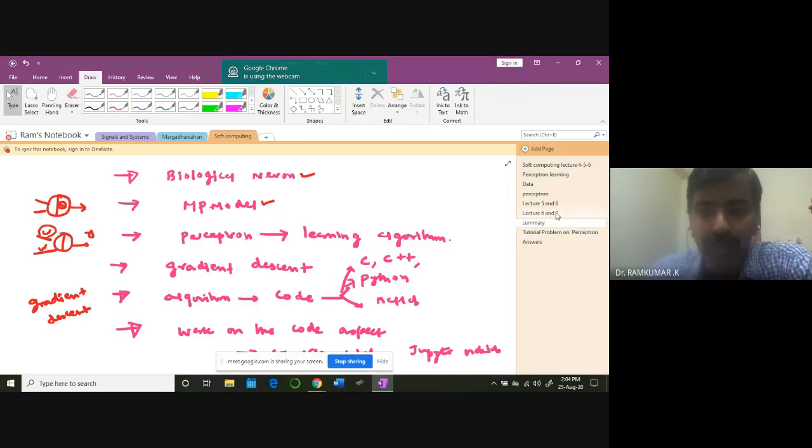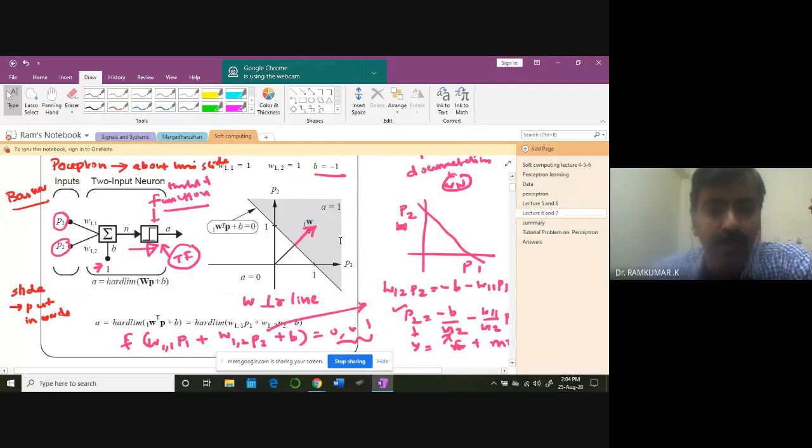In the last class, we worked out a problem like this. For some initial weights 1 and 1, and a bias of -1, you get a line like this. The important point is that the weight should be perpendicular to the line that you have drawn.